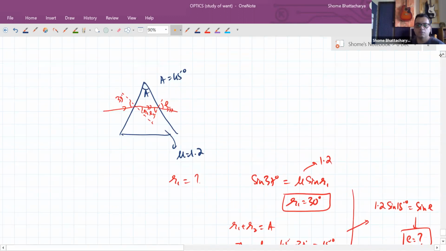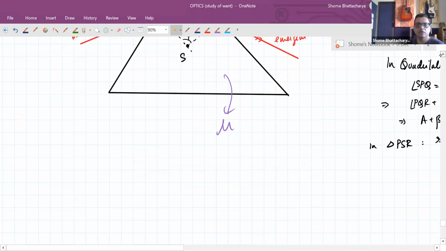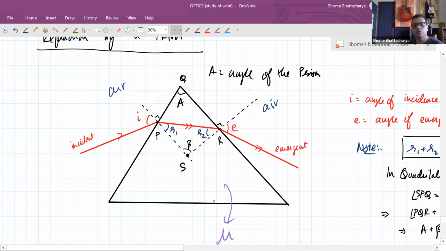Now, coming back to that, another important factor here becomes something called the angle of deviation, the net deviation. The net deviation comes like this: if you produce the incident ray forward, and you produce the emergent ray backwards, then this angle is the angle of deviation.